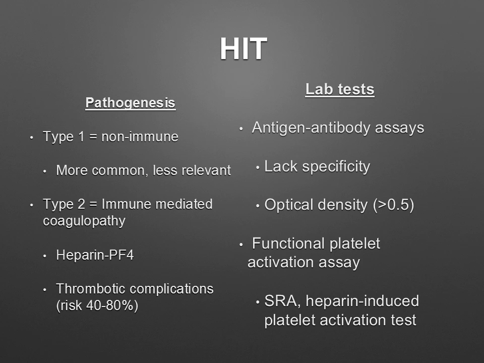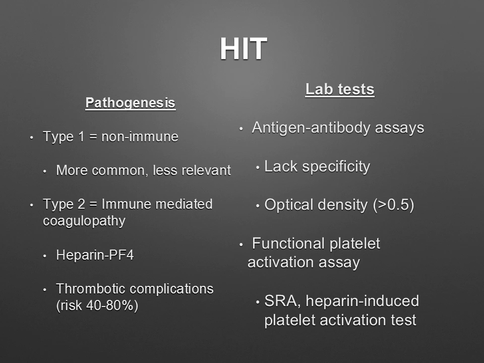So the most commonly used one that we look at is the commercial ELISA, and they detect the IgG, IgM or IgA antibodies. And so they're not going to be specific for HIT. The important thing, rather than just looking at whether you've got a positive or negative report, is to look at what's known as the optical density.